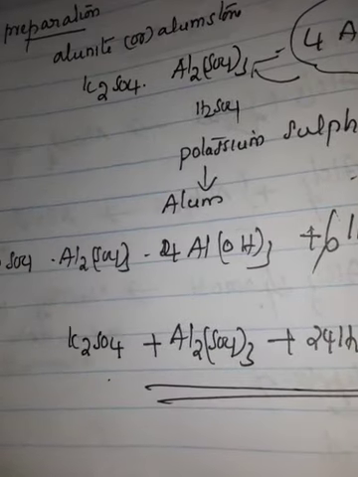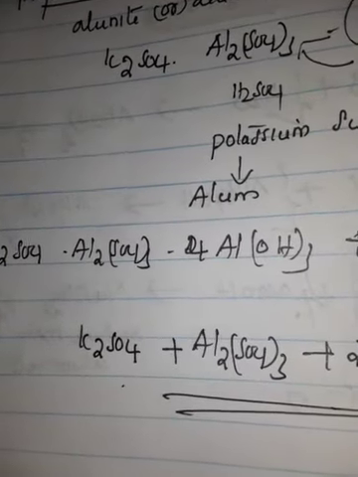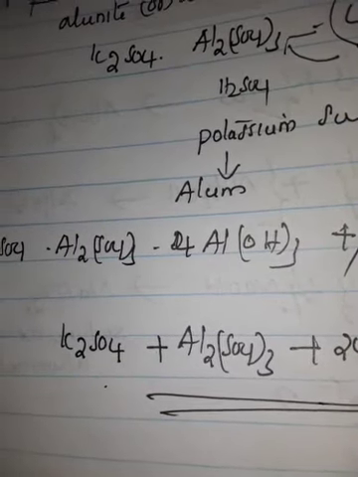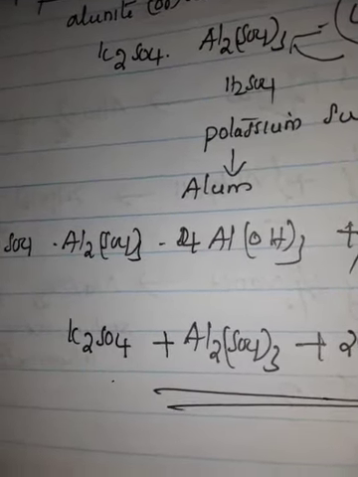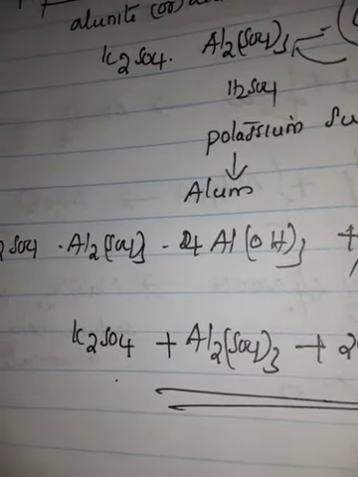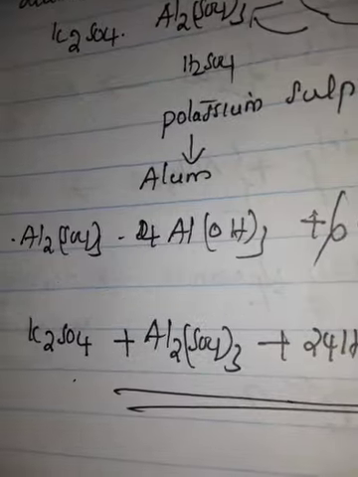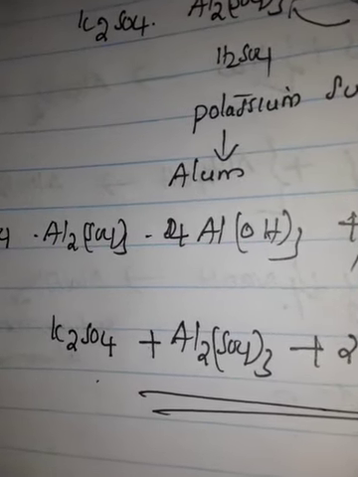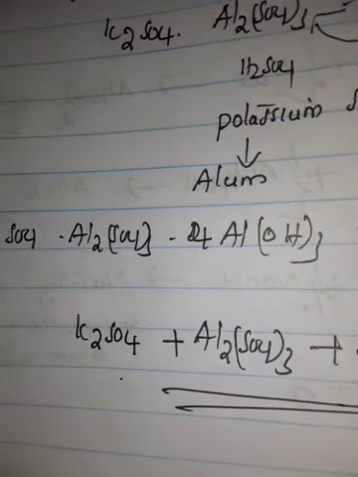It is soluble in water and insoluble in alcohol. The aqueous solution is acidic due to hydrolysis of aluminium sulfate. It melts at 365 Kelvin on heating.